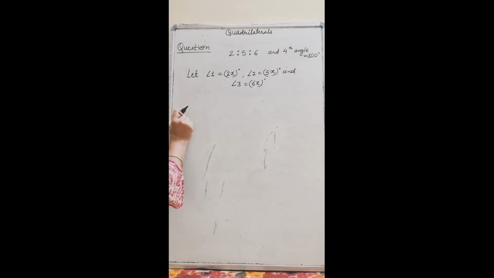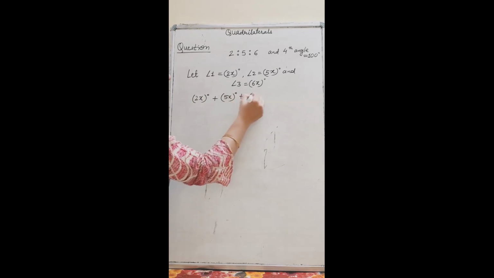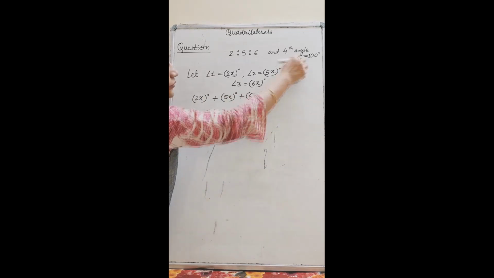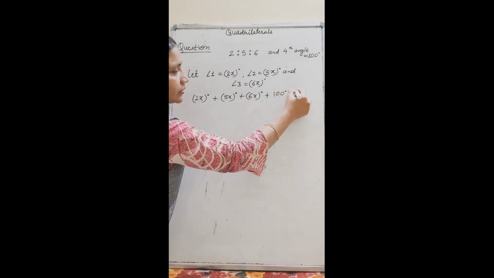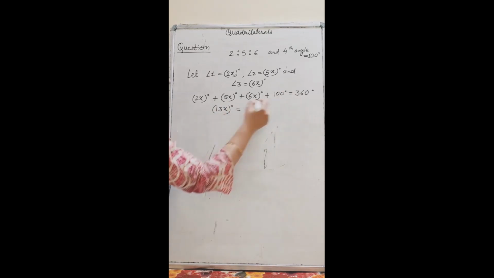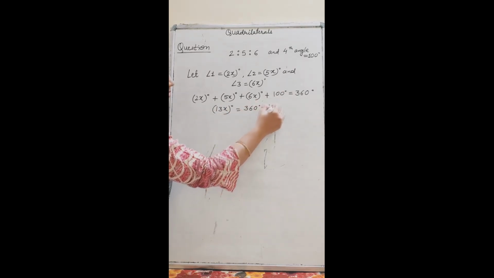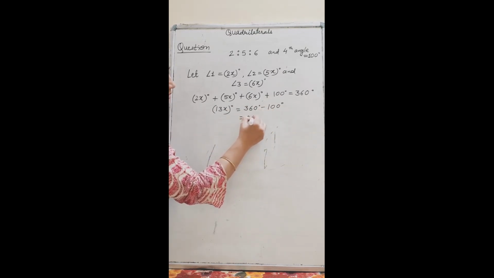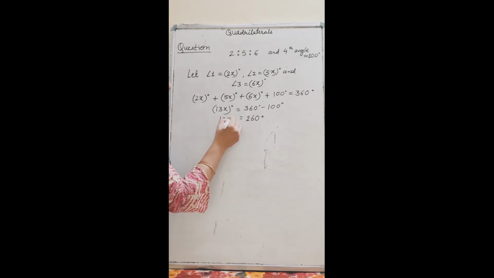Now we will use the angle sum property of a quadrilateral, according to which the sum of four angles is equal to 360 degrees. So we write angle 1 is 2x degree, angle 2 is 5x degree, angle 3 is 6x degree plus angle 4 is 100 degree, equal to 360 degree. 2 plus 5 is 7, 7 plus 6 is 13, so 13x degree, and we shift this 100 to that side, so 360 degree minus 100 degree is equal to 260 degree and here 13x.